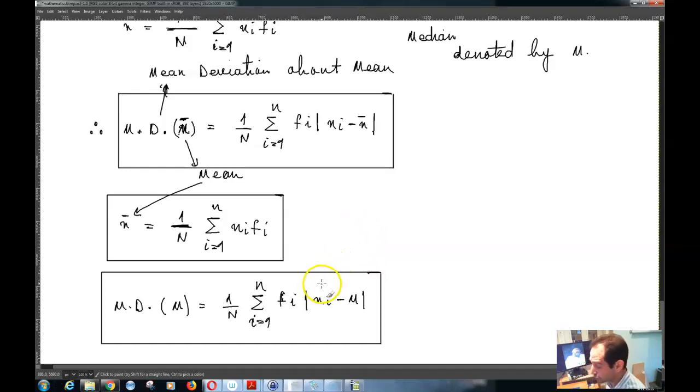So the mean deviation about median would be this.